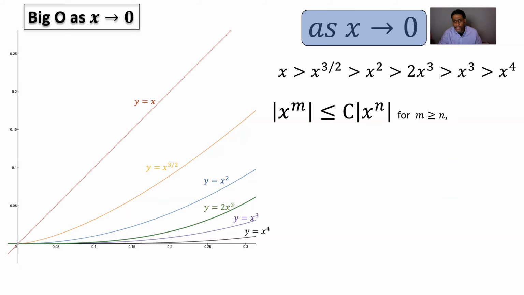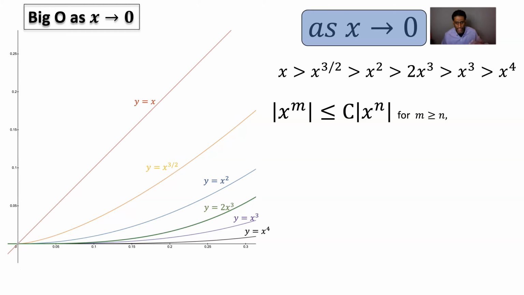Because of this inequality, we can say that as long as your exponent is larger, then your size will be less than or equal to some constant times the other polynomial term with a smaller exponent.